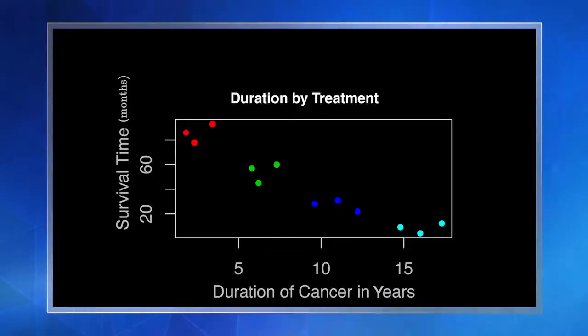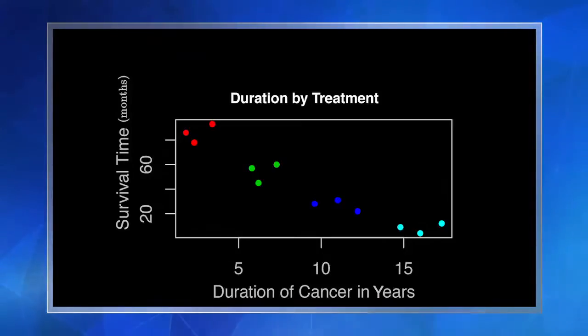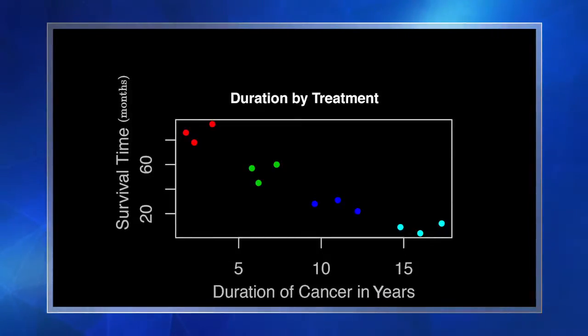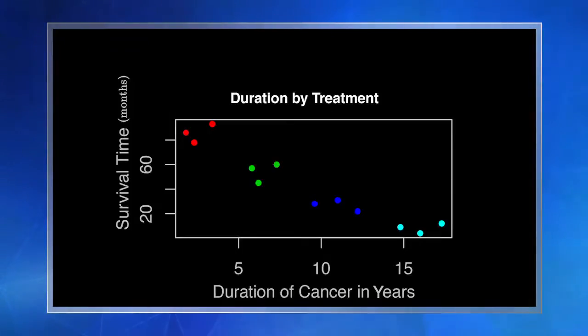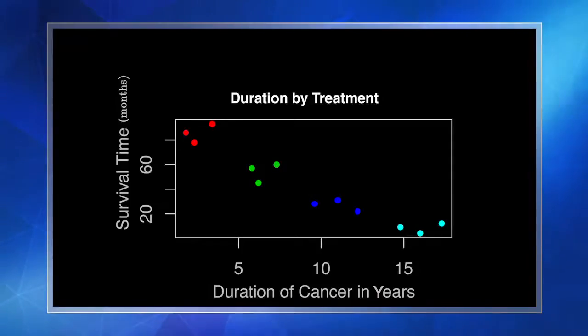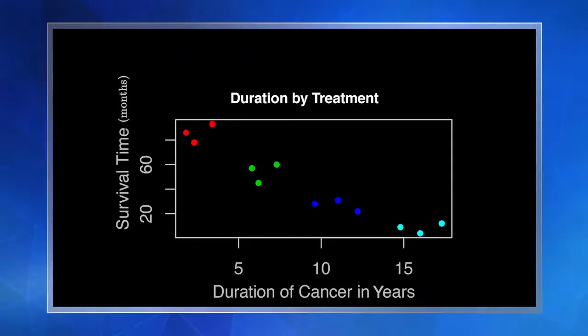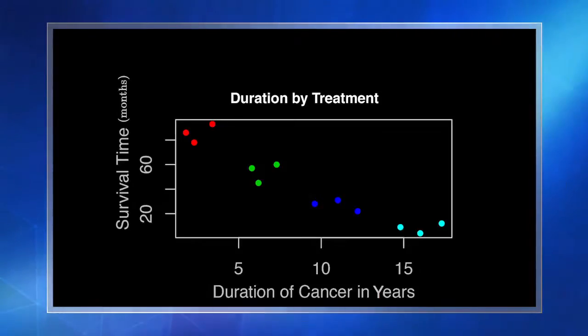Here's where we went wrong. The 3 patients in group 1, well, they've all had esophageal cancer for less than 5 years. And notice that 3 patients in group 2 have had cancer between 5 and 9 years. Group 3's had cancer between 9 and 12 years, and group 4, close to 15 years or more.